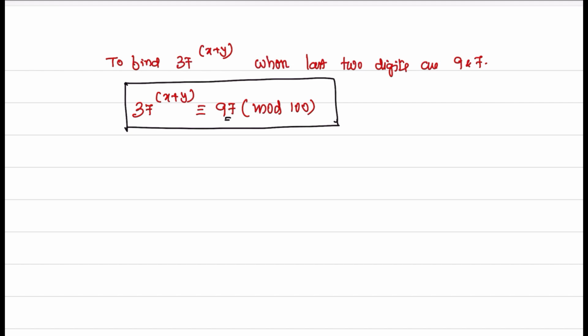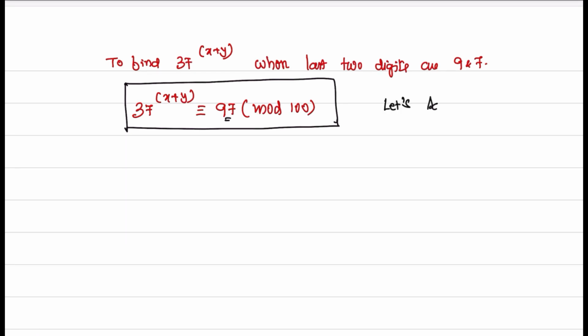Now, let us say x plus y is equal to b. Then 37 to the power of b is equivalent to 97, the remainder when divided by 100.